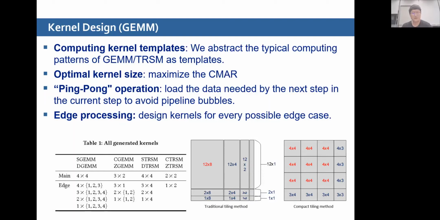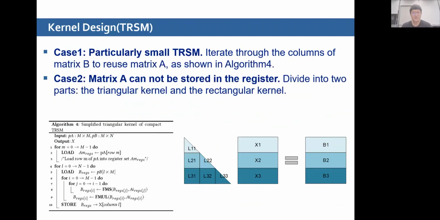We also optimize the compute kernels for every possible size to obtain the consistent high performance of IATF at all sizes. For TRSM, we divide the kernel design into two modes based on the size of matrix A. First, when A is small enough to be stored all in registers, we can directly use the template described in ARMv8 to generate the computing kernel.